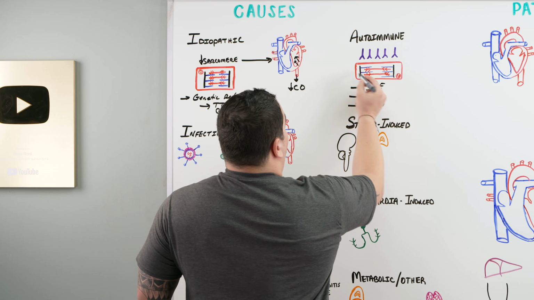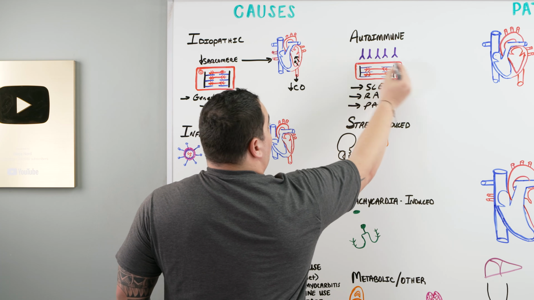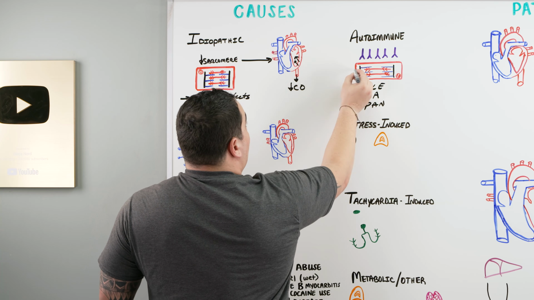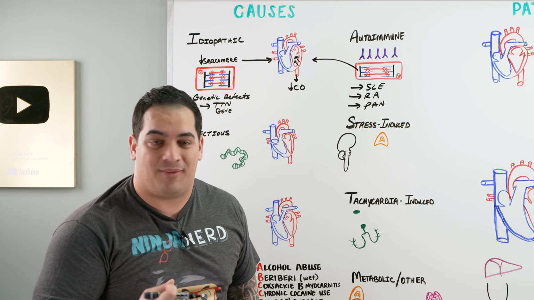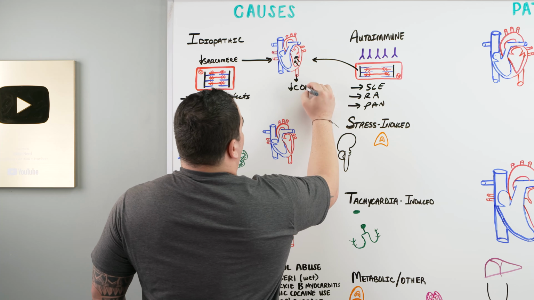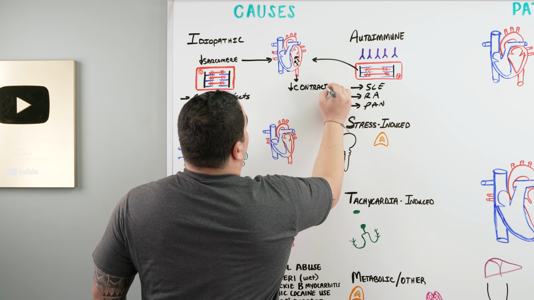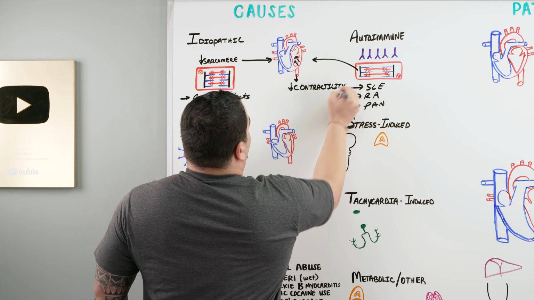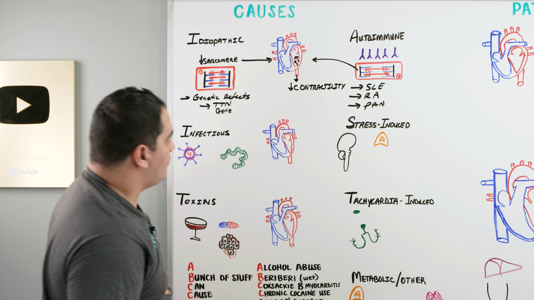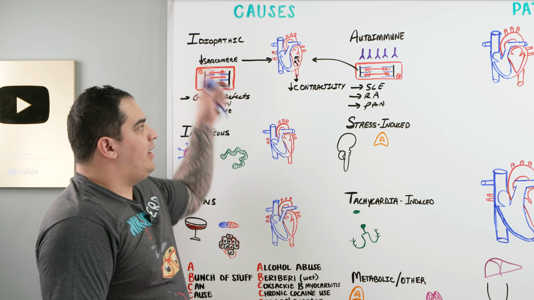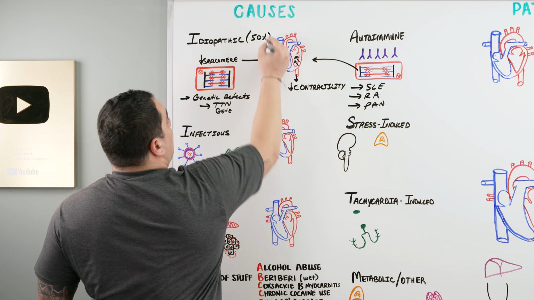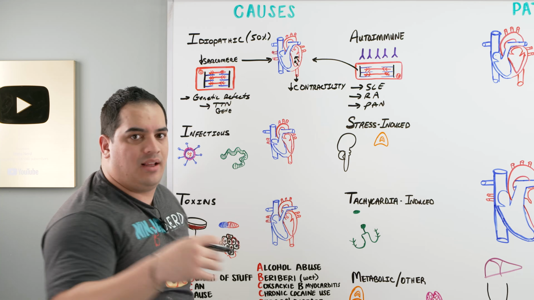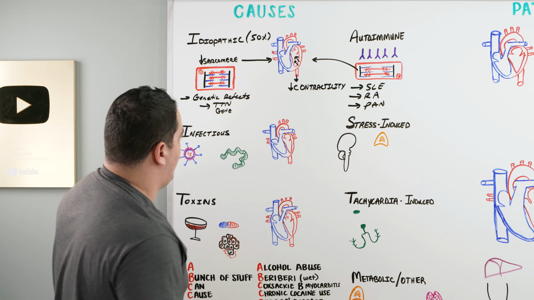If you destroy the myocytes, you destroy the functional units of the cardiac muscle, and this leads to a decrease in contractility, which may lead to a reduction in cardiac output. So again, idiopathic is the most common cause, about 50% of cases. Autoimmune can be one, such as SLE, RA, and polyarteritis nodosa.